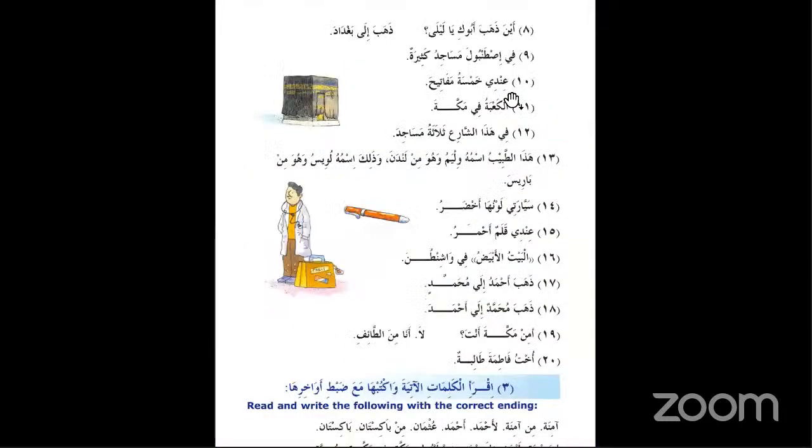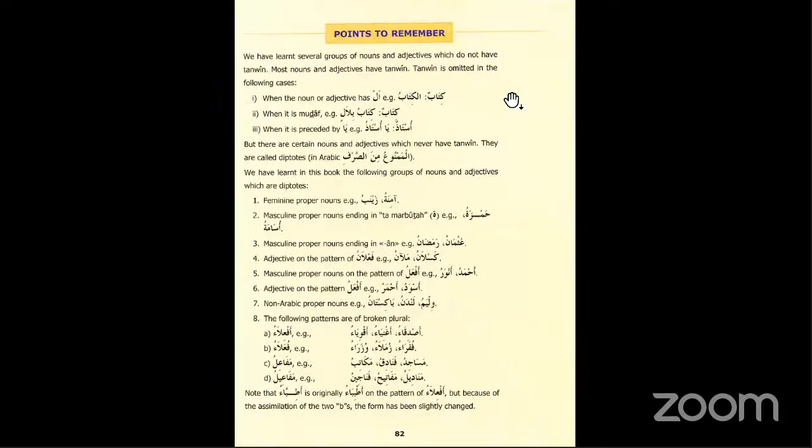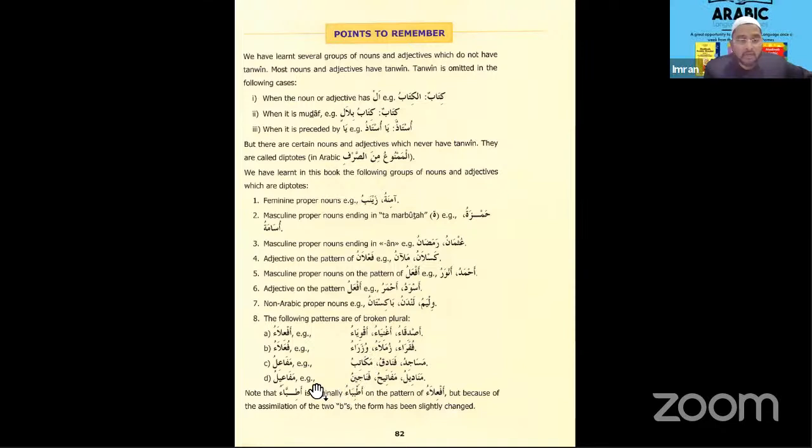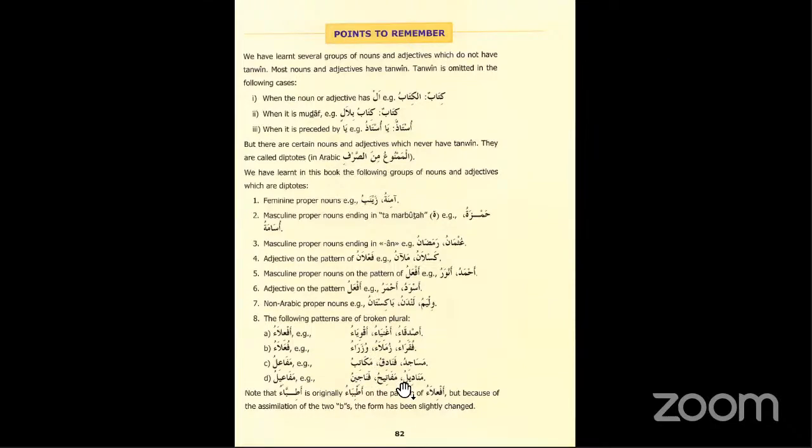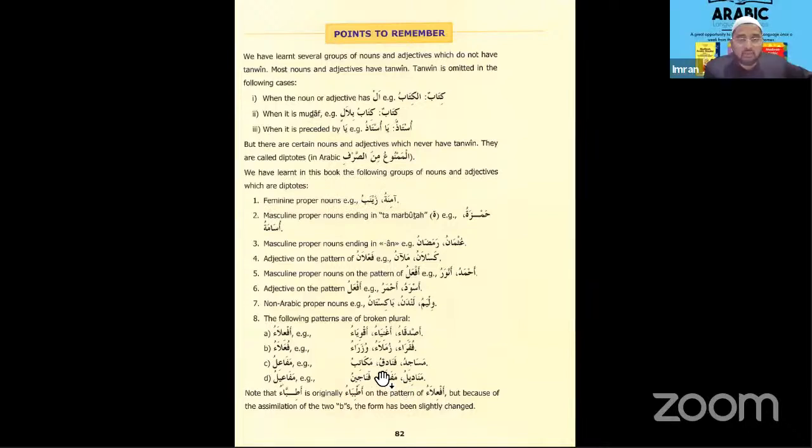Sorry, can I ask a question? What is the difference between C and D in number 8? So it's mafa'ilu and mafa'iylu, so there's an additional ya. Why would there be an addition of the ya? Because there are two patterns for the plurals.